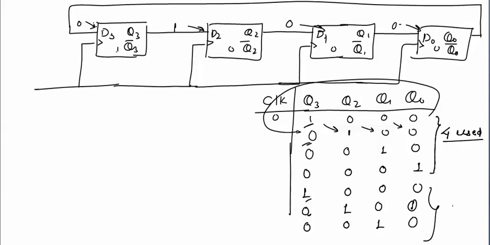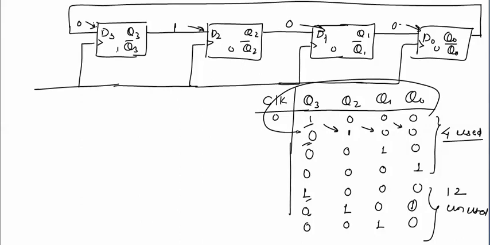So these states will be unused. 12 states will be unused, because with 4 flip-flops a total of 16 states are possible.